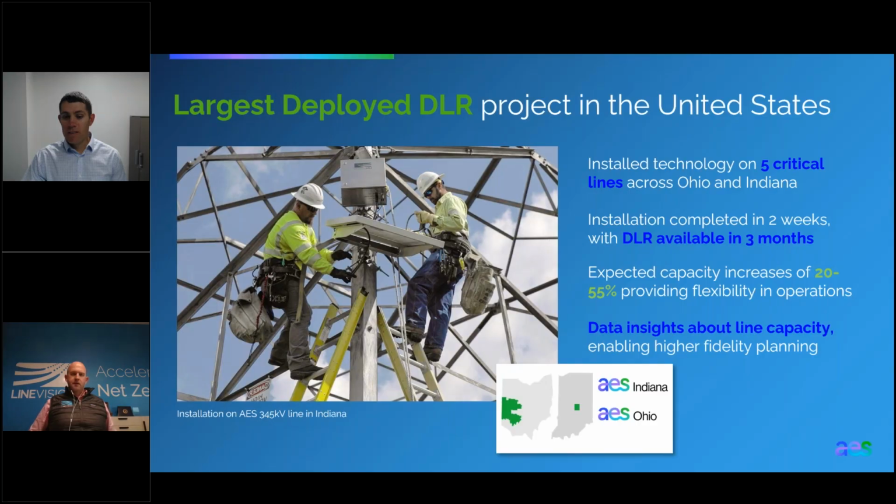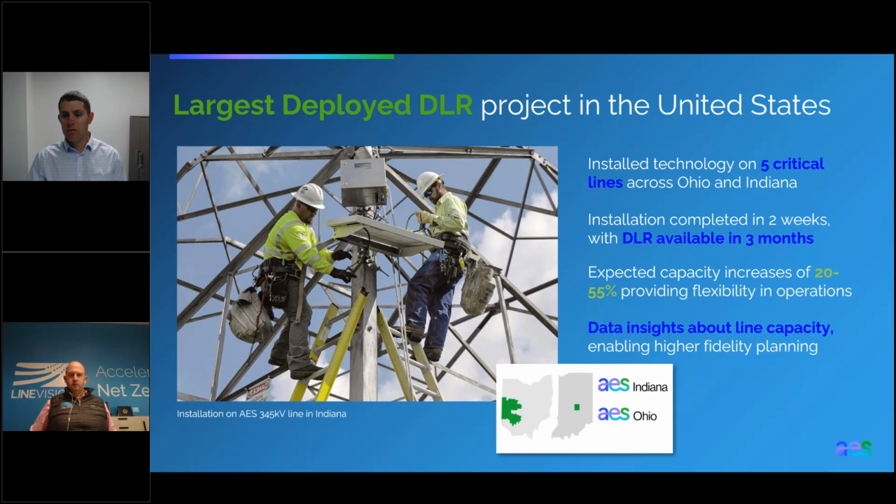And then, after the installation, we're currently in the process of collecting the data. So the LiDAR is monitoring the transmission span. We're getting in the third-party weather data, and we're transferring line loading data into LineVision's line rating algorithm, right? And it takes roughly about 3 months to train that algorithm to start providing dynamic line ratings.